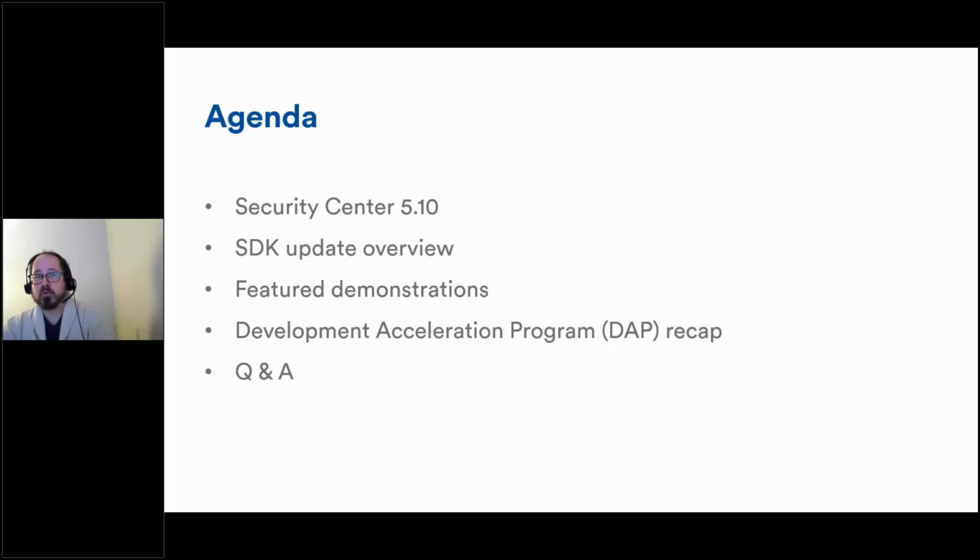So we'll go through what the changes are, what that looks like within Security Center, and what that means for your integrations, potentially. And then finally, we're going to have a quick recap of the Development Acceleration Program, just to make sure everyone's on the same page and that you're ready to take advantage of these new features. And finally, we'll answer any questions that have come up throughout the webinar.